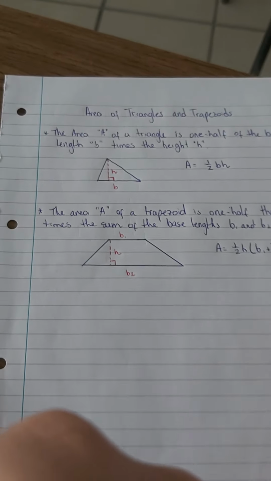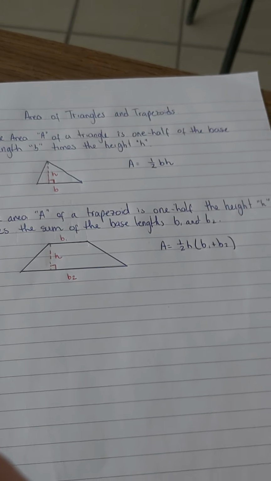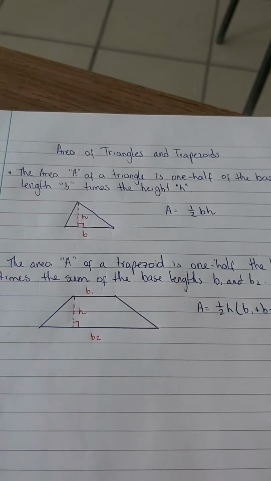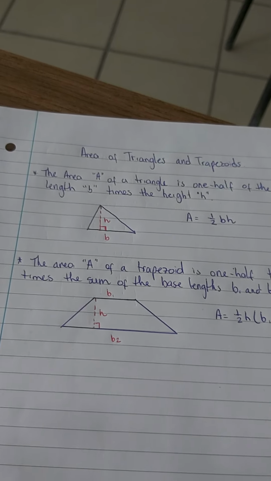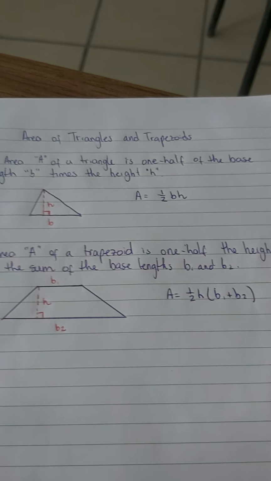Now, area of trapezoids. The area A of a trapezoid is 1/2 the height H times the sum of the base lengths B1 and B2.